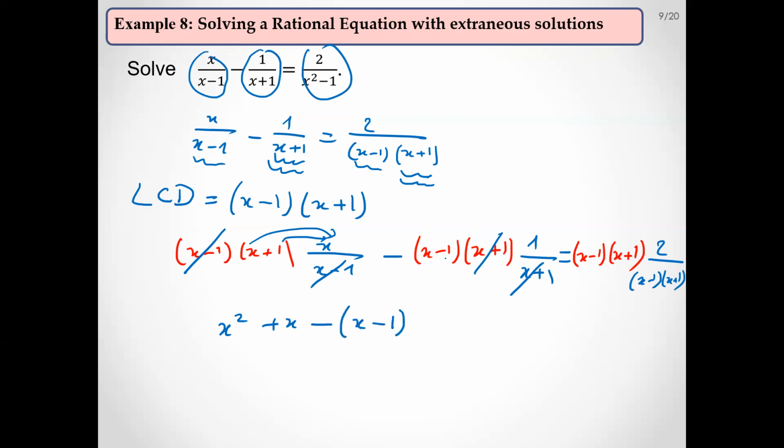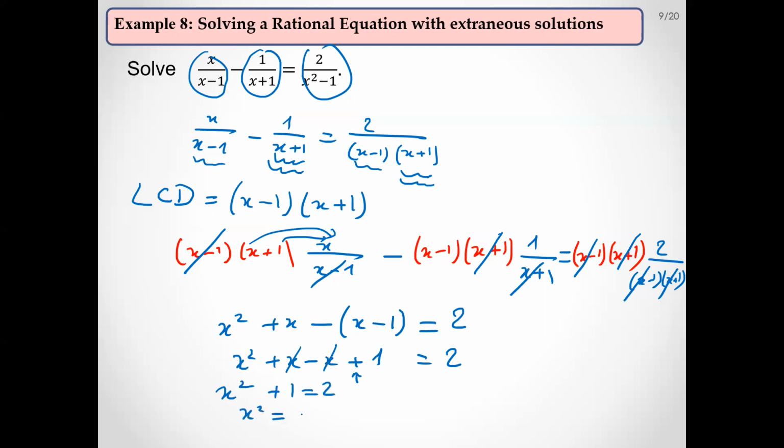So x minus 1 times 1, that is x minus 1, equals, here we simplify, equals 2. We remove parentheses. We change all signs, equals 2. So here it's a quadratic equation. X squared plus 1 equals 2. So x squared equals 1, means x is plus or minus 1, and these are candidates.